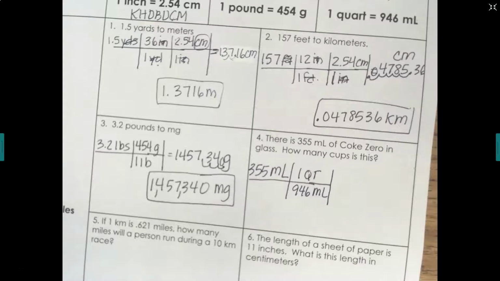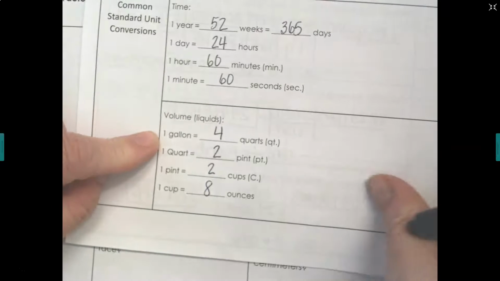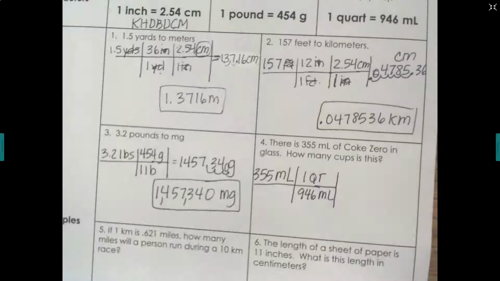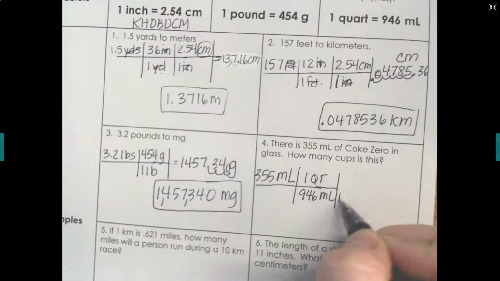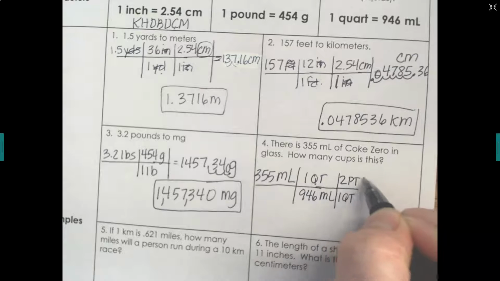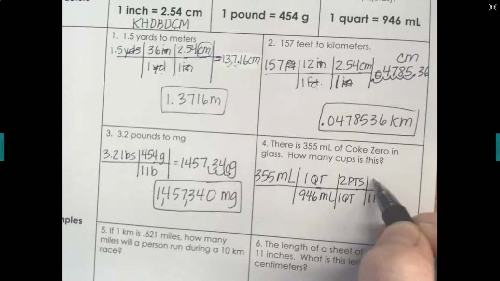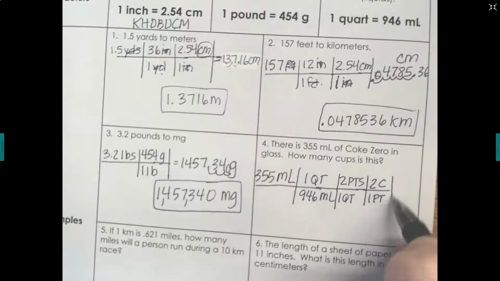From the other day, we're in quarts and we're trying to get to cups, so we have to go into pints and then we can go into cups. We know that 1 quart is 2 pints, and 1 pint is 2 cups.